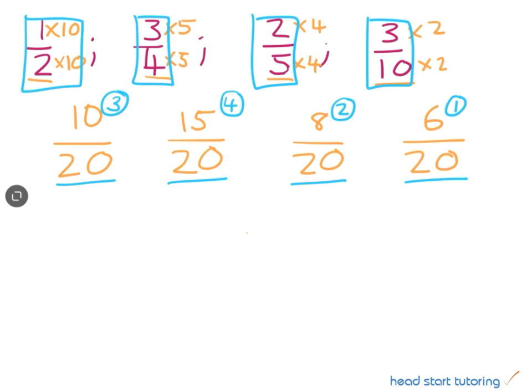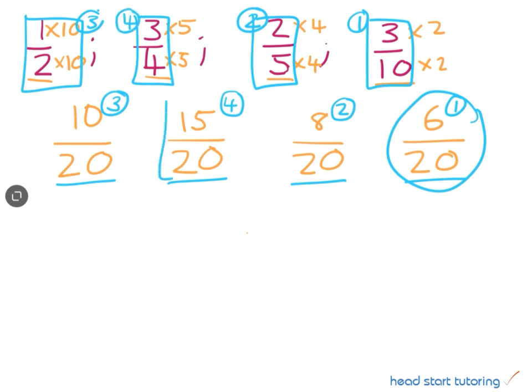So we would be putting 3/10 first, because 3/10 was our smallest fraction. Then 2/5 was our next smallest number. Then we've got our 10/20, which was 1/2. And then we've got number 4, which is 3/4, or our 15/20.